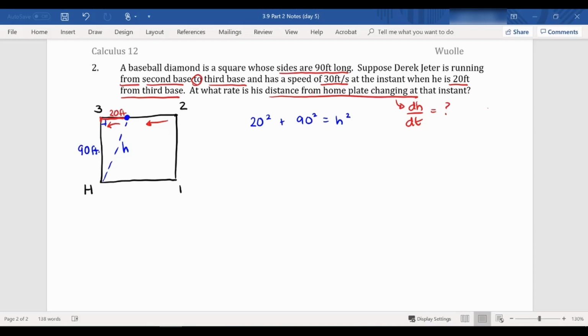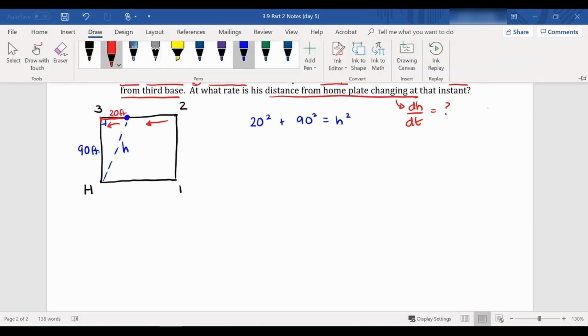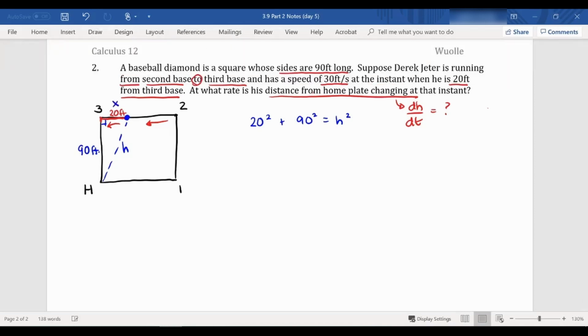Okay. So again, I'm going to call these different sides X and Y. So I'm going to call the 20 feet X and the 90 feet Y. So we've got X squared plus Y squared equals H squared. And if we do the derivatives here, we get 2x dx/dt plus 2y dy/dt equals 2h dh/dt.